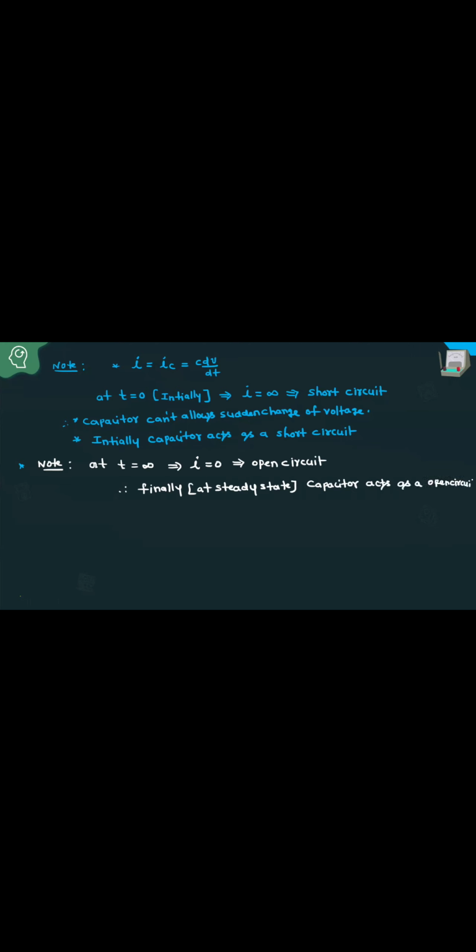At starting, initially the capacitor acts as a short circuit, and finally the capacitor acts as an open circuit. Exactly opposite to the inductor properties. We know that the capacitor stores the energy in the form of electric field.